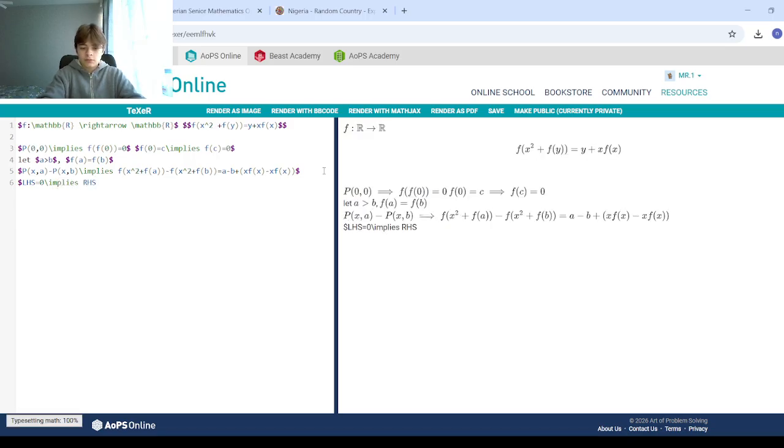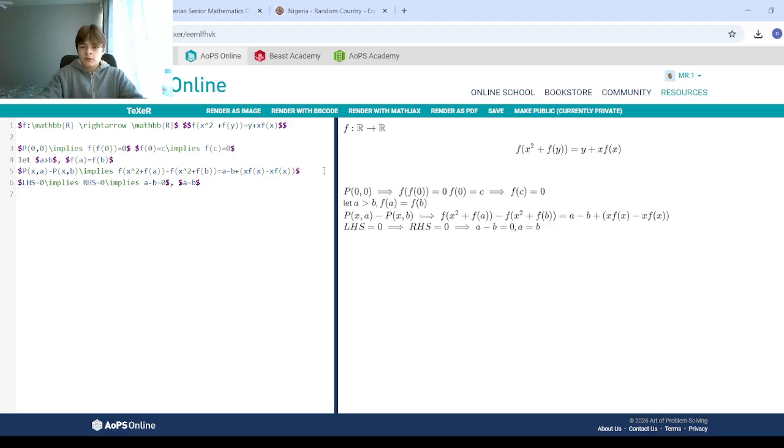Now this means that a minus b is equal to 0, which means that a should be equal to b, and this proves that f is injective.